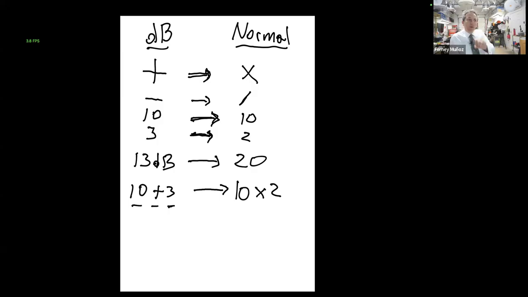That was the reference number. So if we say 13 dBm, we put a unit to it now. Since we talk about this in Wi-Fi for power, energy, these waves, 13 dBm is 20 milliwatts.